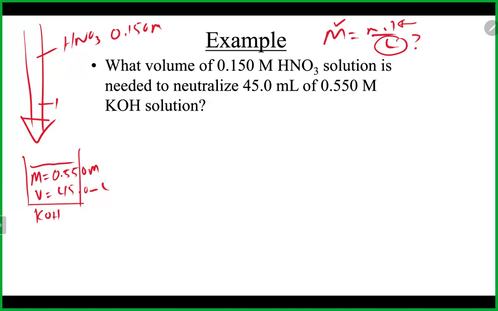This is really just a fancy solution stoichiometry problem wrapped up in what they call a titration problem. So step number one of any stoichiometry is I need an equation. That's going to be my nitric acid plus my base. And this is also a double displacement reaction where we're going to switch partners.